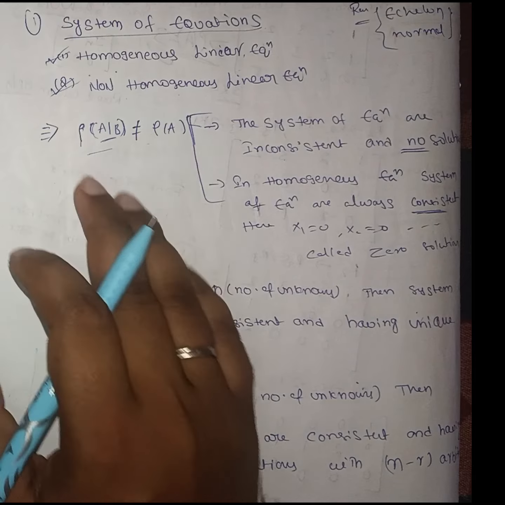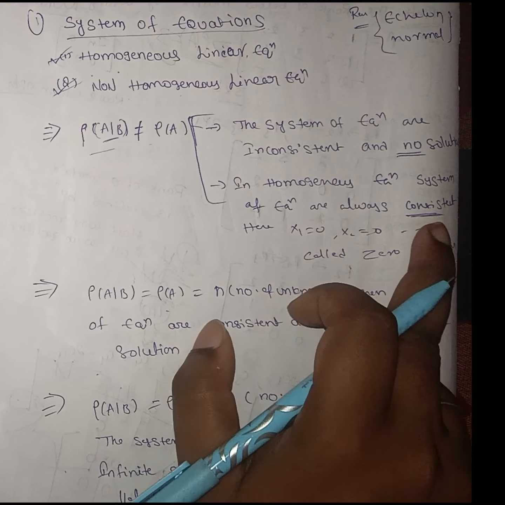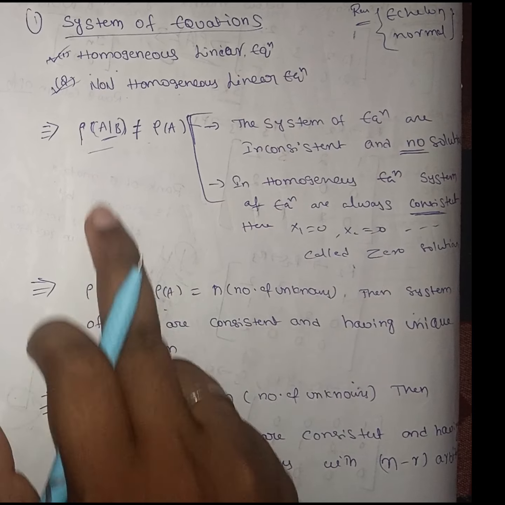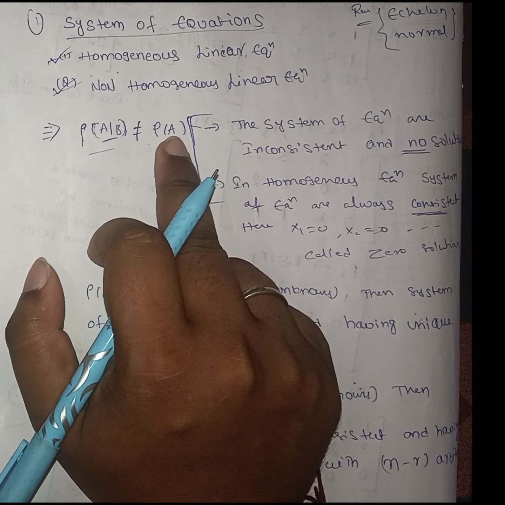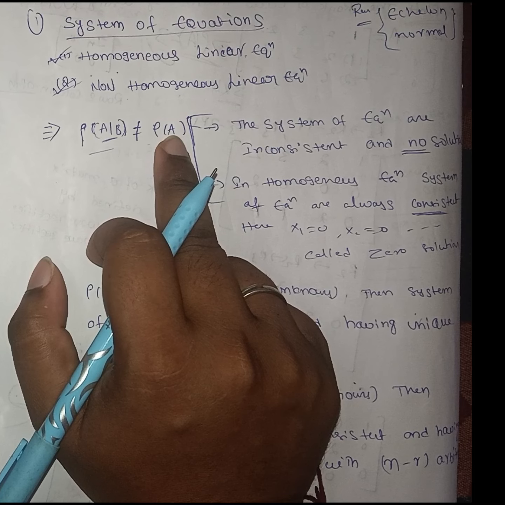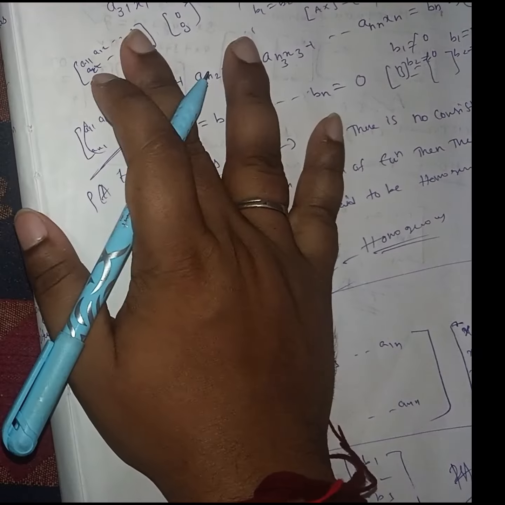The second point is, in a homogeneous equation system the equations are always consistent, meaning the rank of the augmented matrix is equal to the rank of the coefficient matrix. Why?